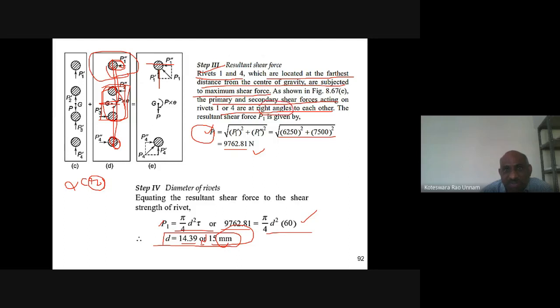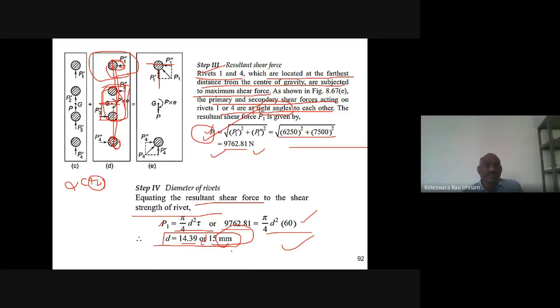That angle is 90 degrees, so you can directly use this formula, and our cos theta will become 0. We can use this formula to compute the resultant shear force. Once you have the resultant shear force, you equate that to the shear strength of the rivet, and from that you will get the diameter. Okay, so this is how we can solve the problem.